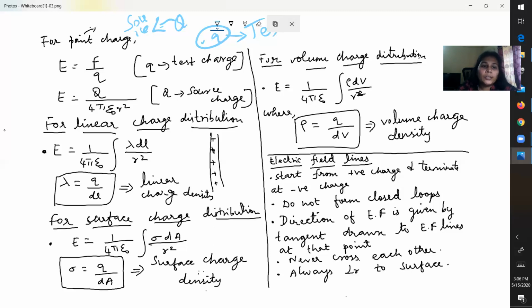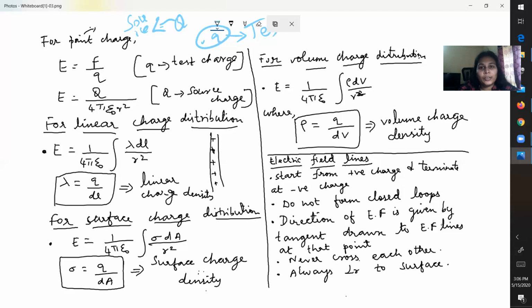So these are the different formulas that we use for calculating electric field, which we will be using while we do our problems. Suppose they tell you the charges are distributed along the length of the conductor, you have to use the formula with lambda dl. Suppose they say along the surface, then you have to use the formula with sigma dA. Suppose they tell you it is a point charge, then you have to use the formula Q by 4 pi epsilon naught r square. So depending on the situation, we will be using the appropriate formulas.